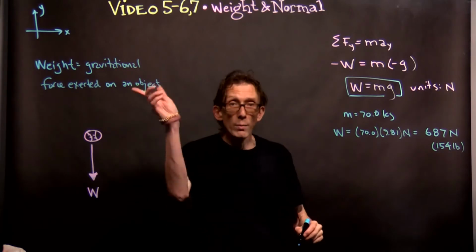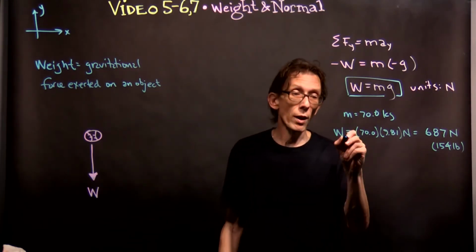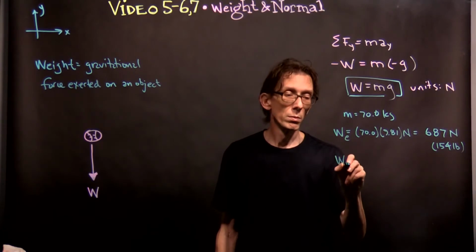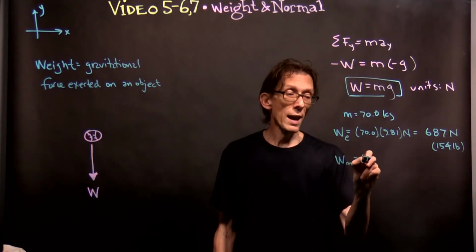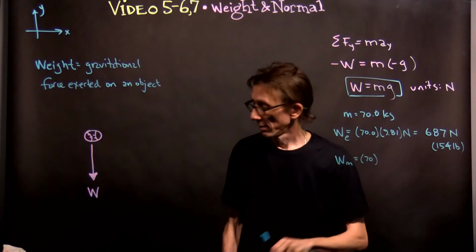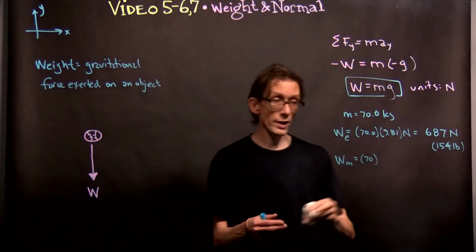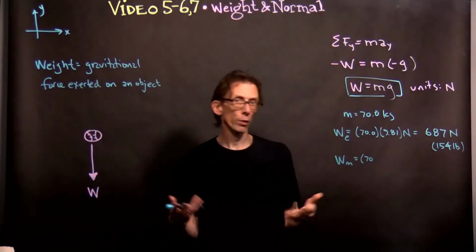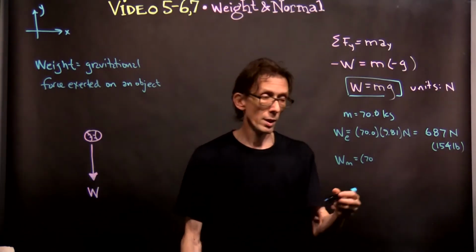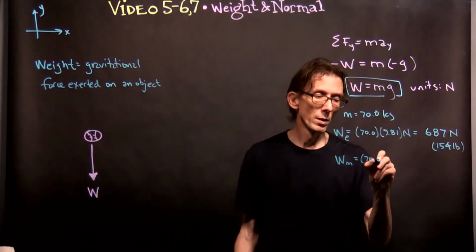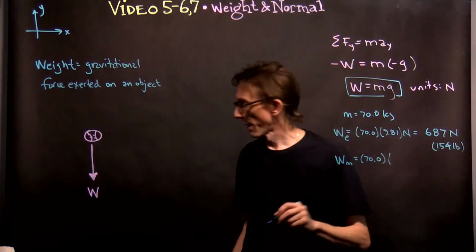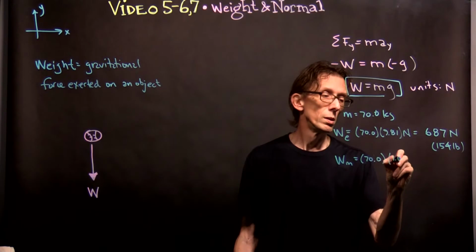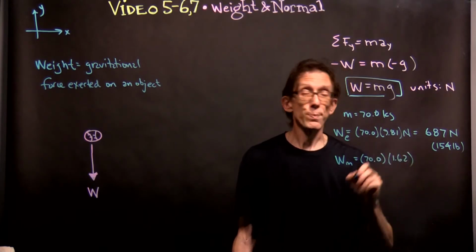Okay. So this is weight on Earth, W sub E. If I go to the moon, which would be awesome, I still have the same mass, right? I still have the same quantity of matter. I've got the same amount of stuff in me. I'm not smaller or bigger. I'm the same person standing on the moon. But the moon's gravity is 1.62 meters per second squared.